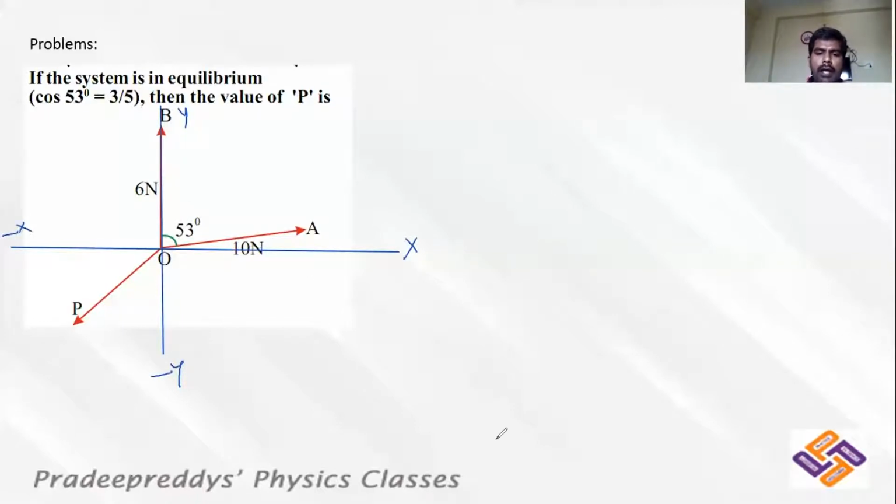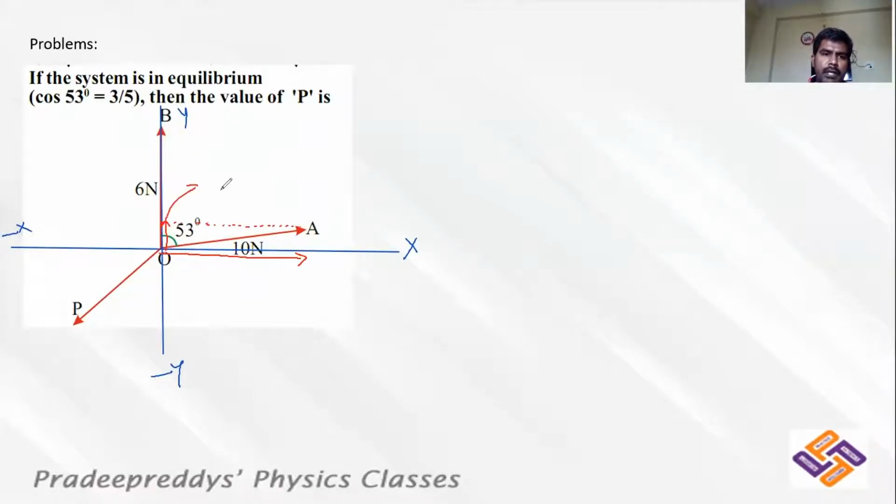So I can resolve the vector A bar into its components, one component along horizontal, another along vertical, and this will be a right angle triangle. This angle is 53 degrees, and this is the horizontal component, this is the vertical component.